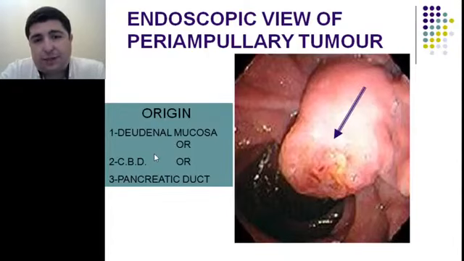One of them is duodenoscopy, and by duodenoscopy we find the papilla of Vater. On this picture you can see abnormal growth of the periampullary area of the duodenum. And here is the periampullary tumor.